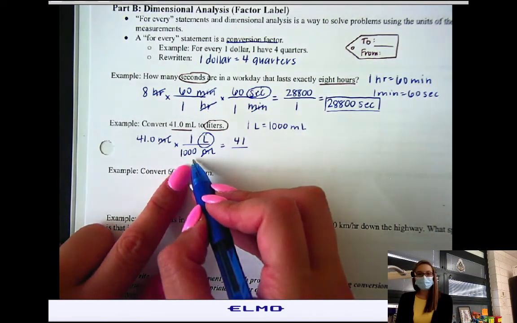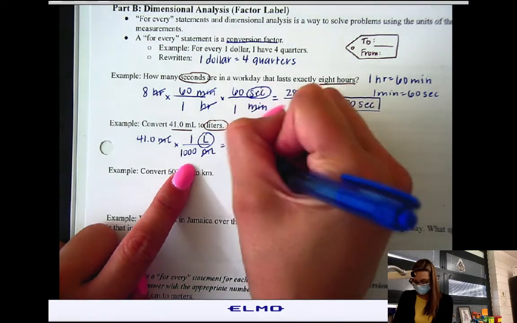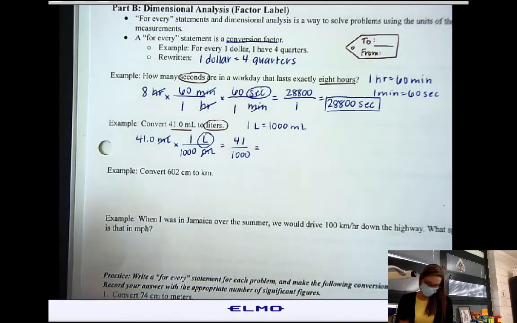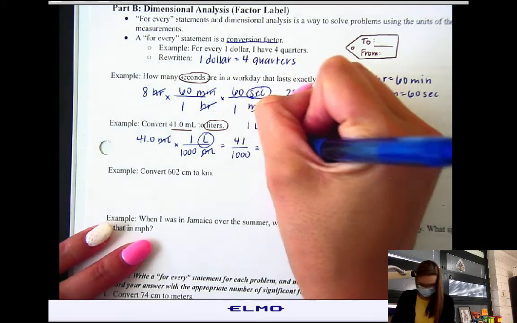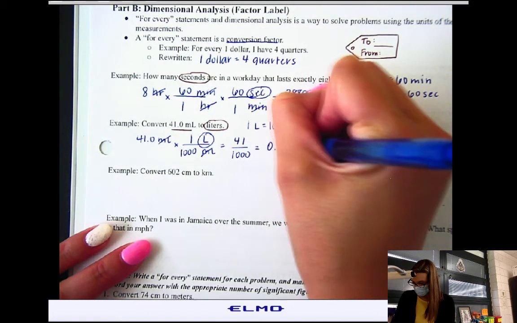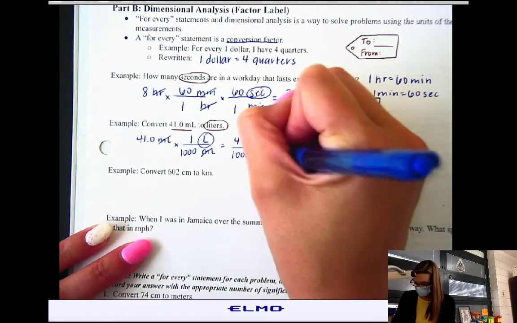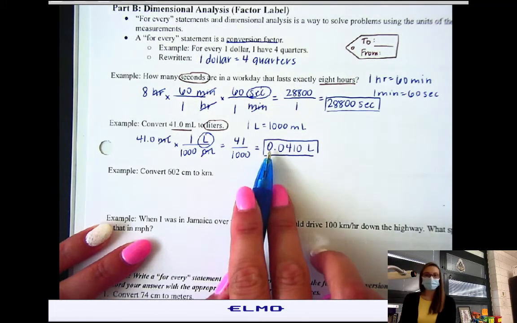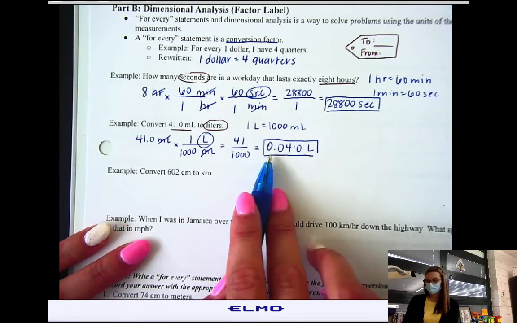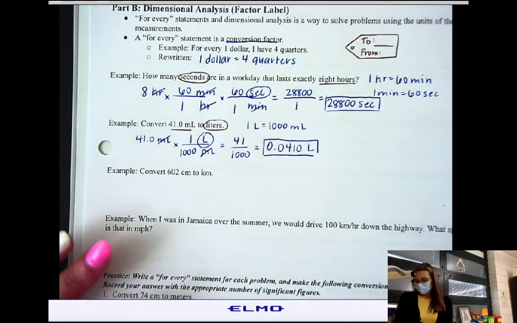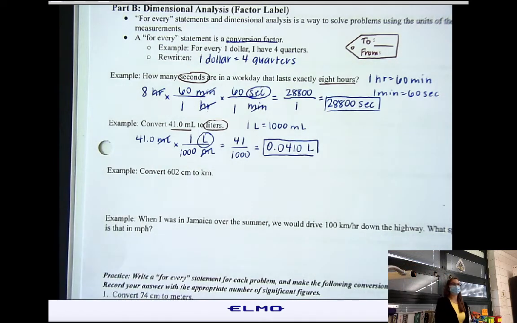Divide by what's on the bottom, which is just 1,000. So in your calculator, you do 41 divided by 1,000, and you can make sure you're getting the same thing as you plug this in. Now you don't need the initial leading 0. If you just do .0410, that's fine. But you get 0.0410 liters. That's a metric conversion.